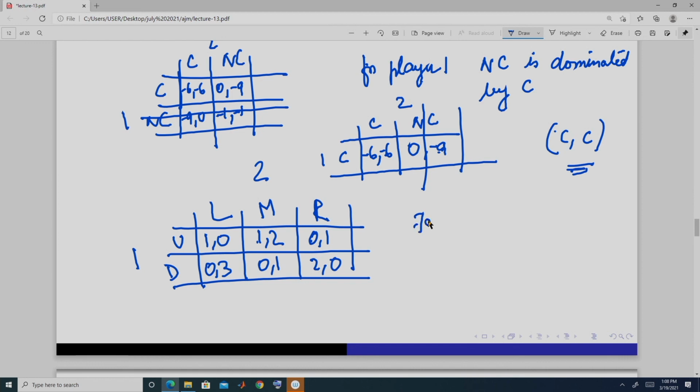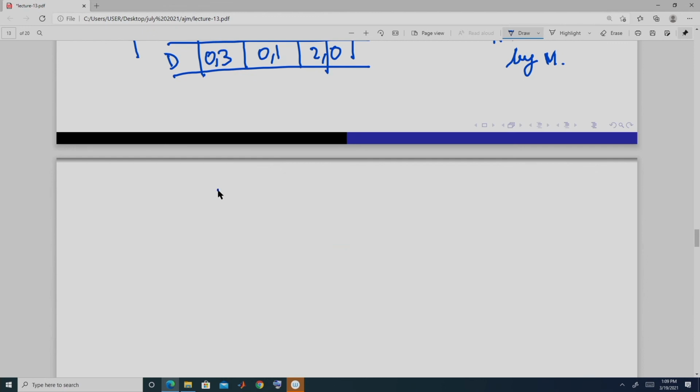So, for player 2, R is dominated by M. So, we remove this. This is our game left.